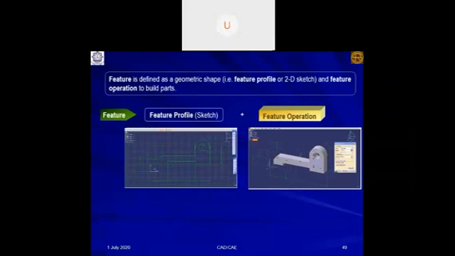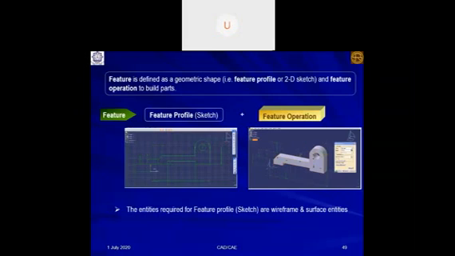The feature operation is the process which converts the 2D sketch into the 3D object. So, in a nutshell, a feature consists of the feature profile, that means the sketch, and the feature operation.